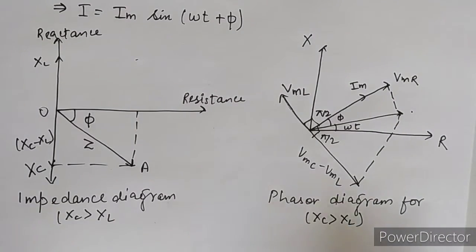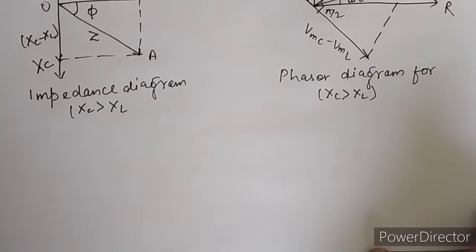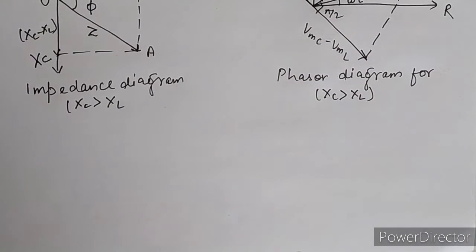Clear? Now this is the second condition that we have done, and in this we have concluded that the entire thing is the same. We just have to apply the condition that XC is greater than XL, nothing else.